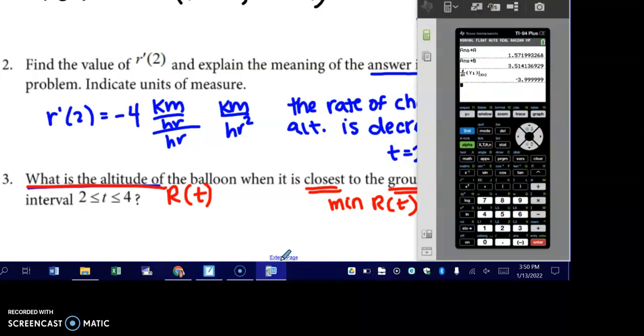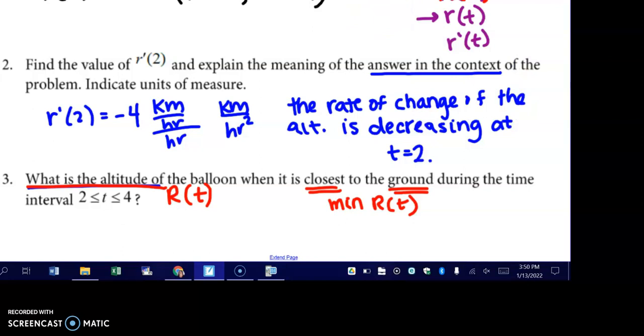If I look at my graph, between 2 and 4, I'm going to have a minimum when little r changes from negative to positive. Well, that was stored for me. I'm going to be closest to the ground at t equals 3.514, right? I already found that up earlier.